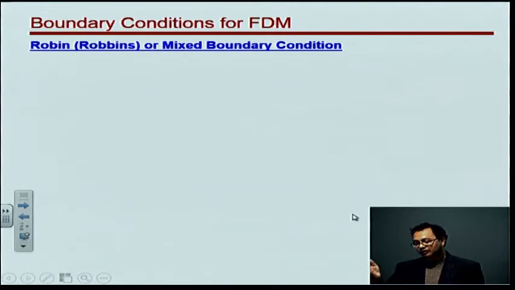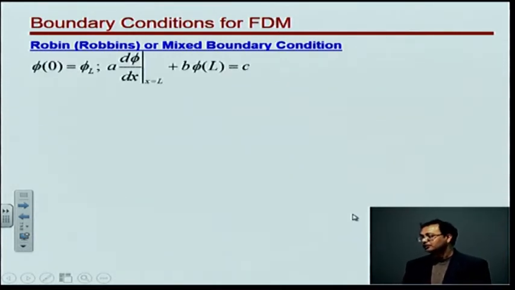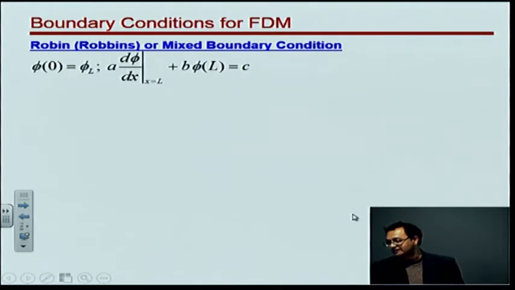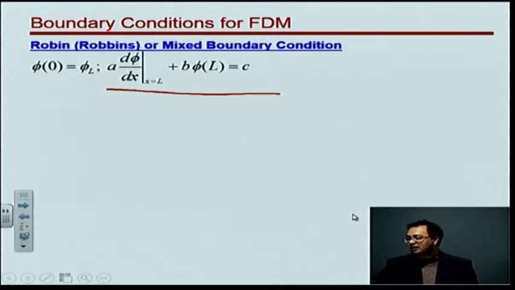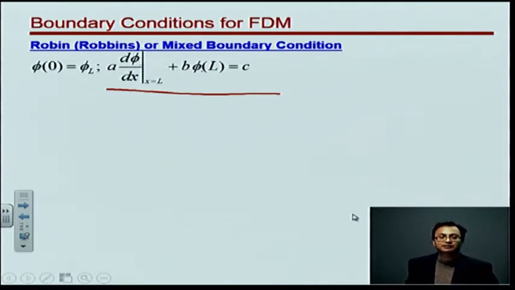So we have the prescribed value boundary condition, the flux or derivative boundary condition, and then the mixed boundary condition. The left one I've retained as is. On the right, what you have is a combination of the derivative and the value itself equal to something. So neither the value nor the derivative is specified alone. It's a combination of the two that's specified.